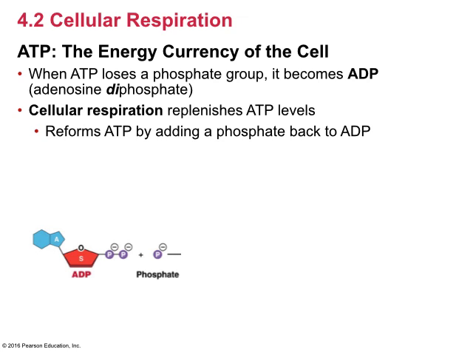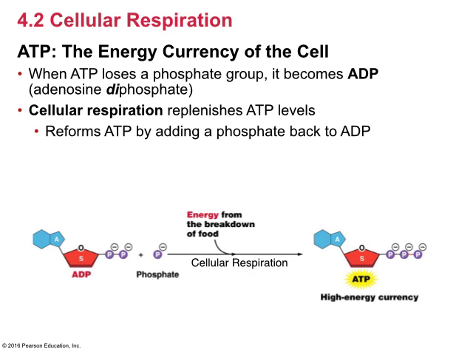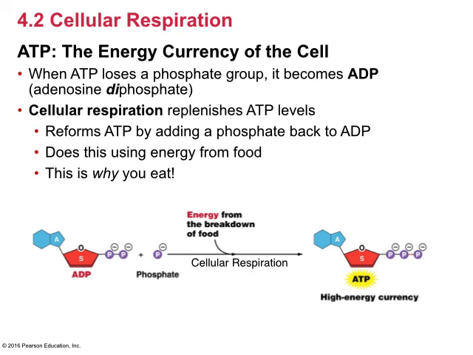So here you have ADP plus an extra phosphate, and cellular respiration adds that phosphate back to ADP in order to make ATP, right? And it uses energy from your food to do this. So this is why you eat. This is why you're consuming food, so your cells can take that energy in the food to make ATP, to replenish ATP levels, so your cells can continue to do cellular work.